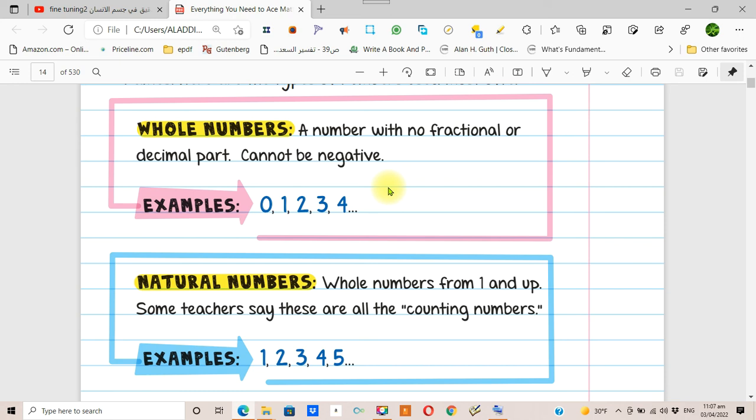You learn, for example, in English, A, B, C, D, E, F, G, H, I, J, K, L, M, N, O, P, Q, R, S, T, U, the alphabet. Same thing with math. You need to learn the language of math. So I hope I make it simple enough for you guys to learn the language of math.